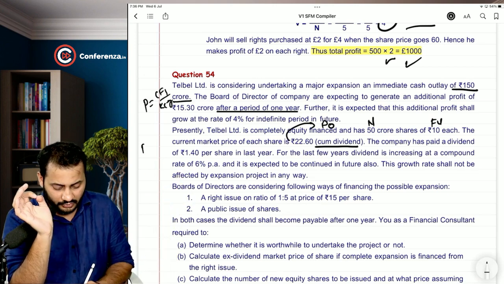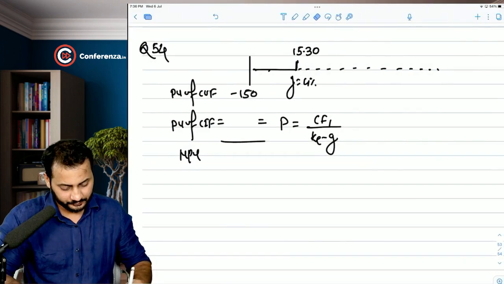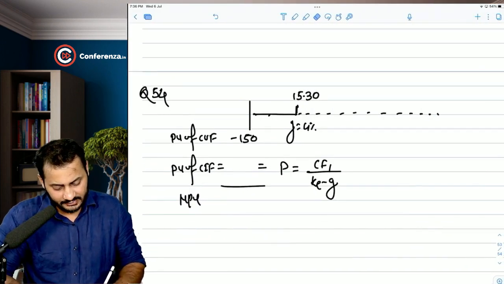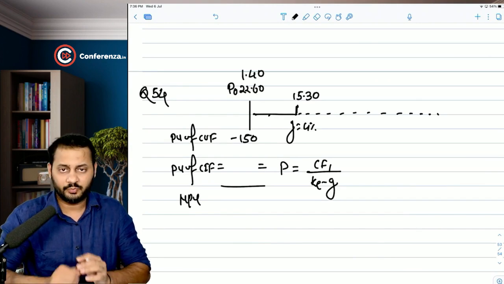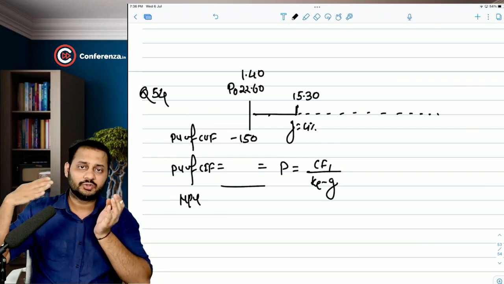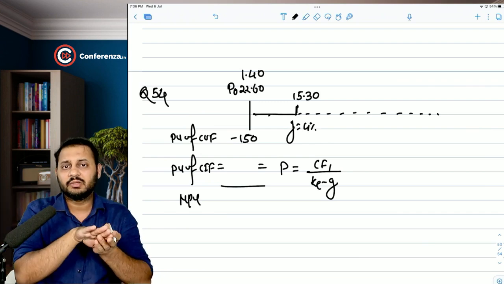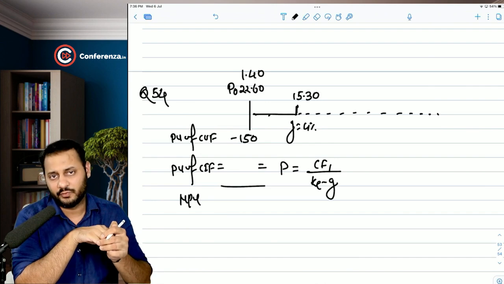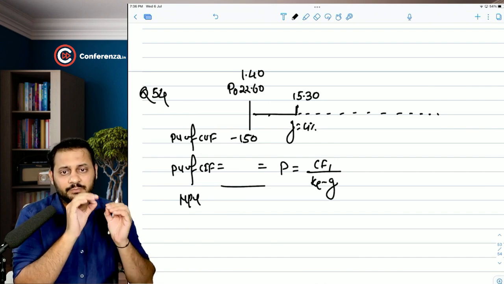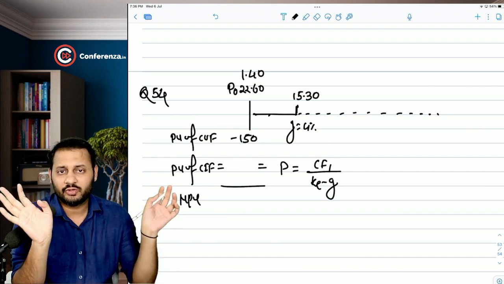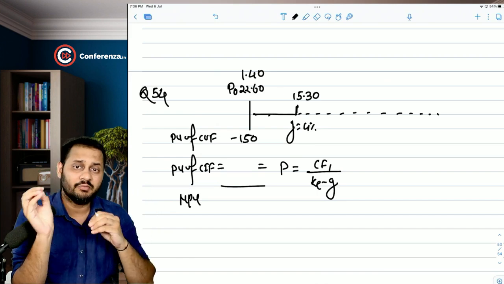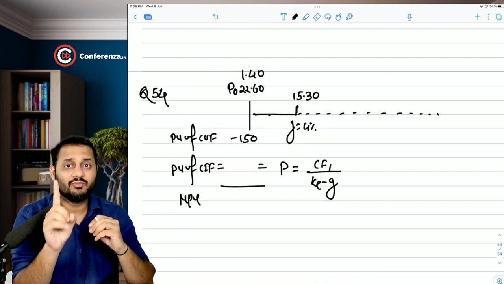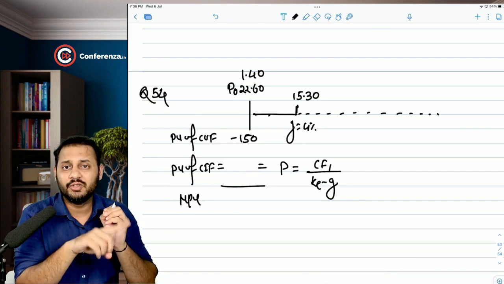So if you will calculate, the price here is 22.60 and the dividend is 1.40. Practically speaking, this dividend relates to the previous year, and just after the payment the market price falls. So this P0 of 22.60 is not at all useful for us. All the time we have been using P0, it was ex dividend. It was deemed to be ex dividend.